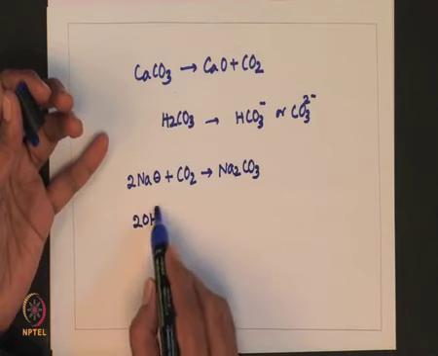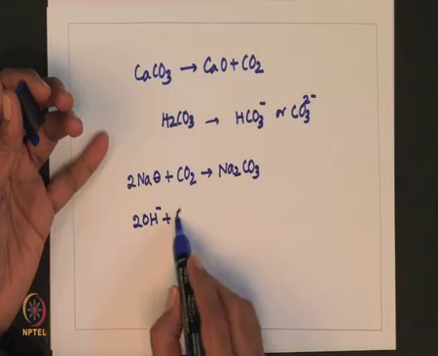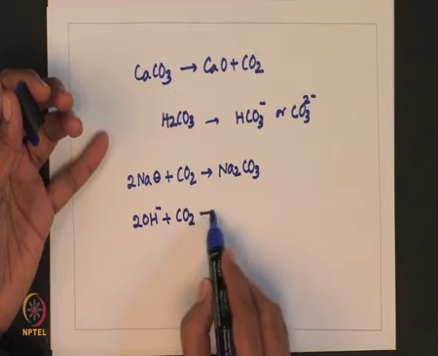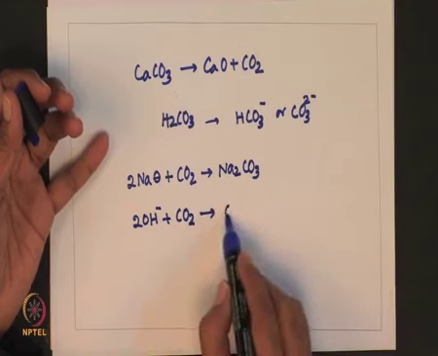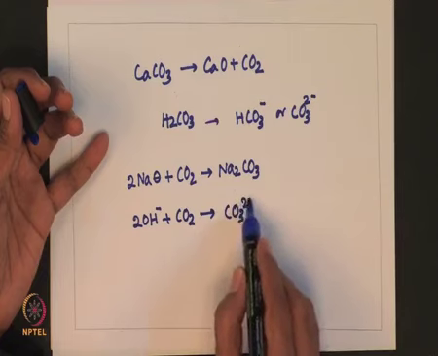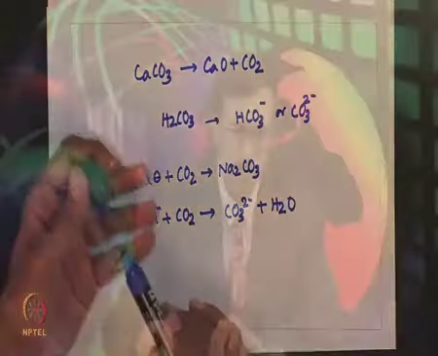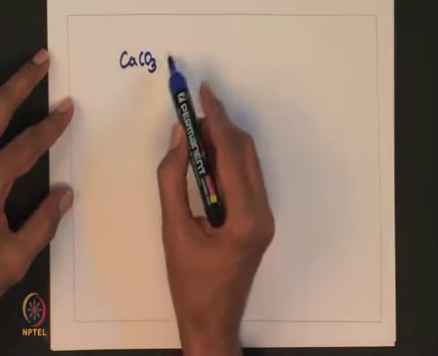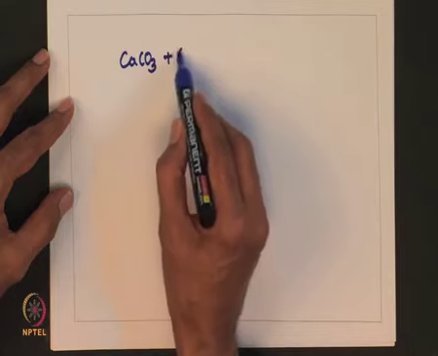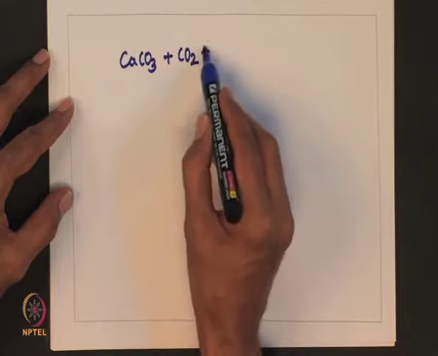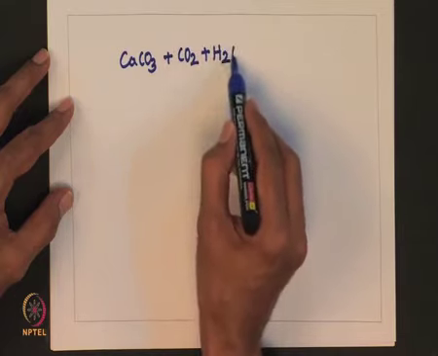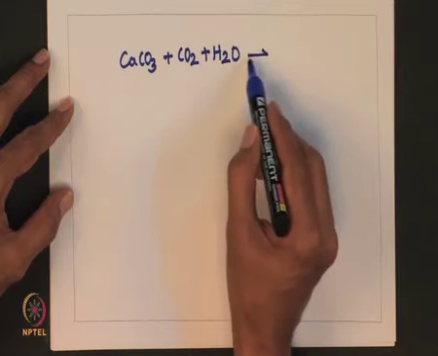In the same way, any hydroxide, if you treat it with carbon dioxide, gives the corresponding carbonate with the formation of water. Calcium carbonate, when combined with carbon dioxide plus water, forms calcium bicarbonate.